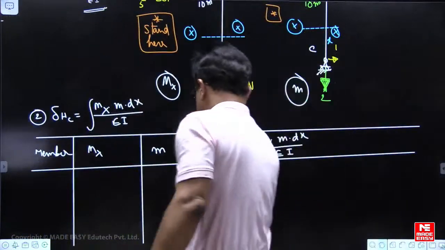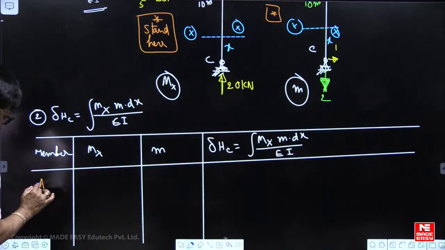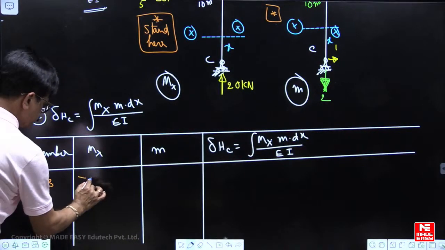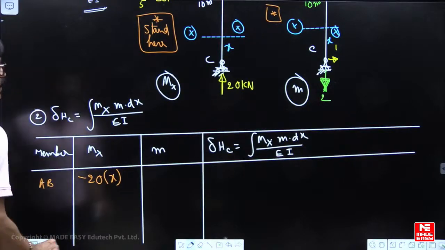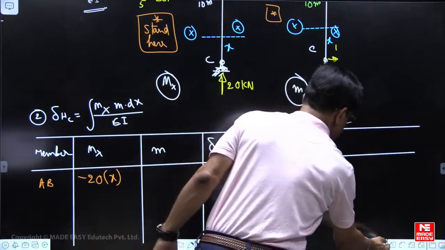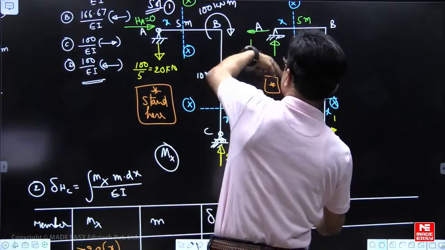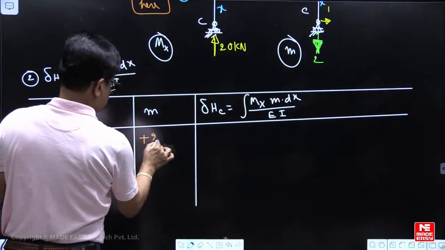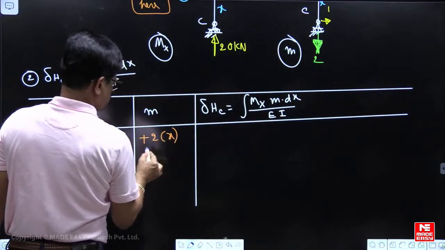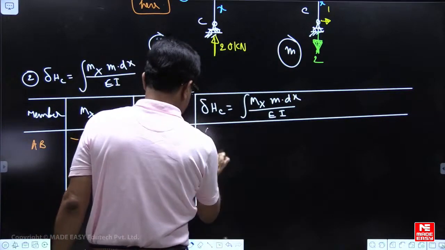First we will take AB member. Minus 20 into X. Because downward, this up, plus 2 into X. So limits of integration are 0 to 5.